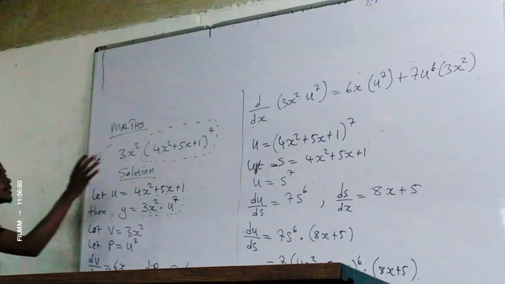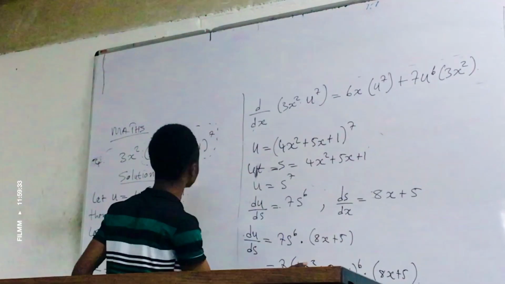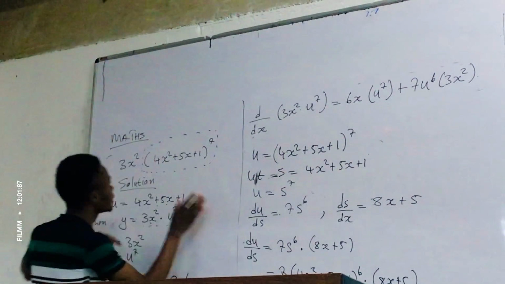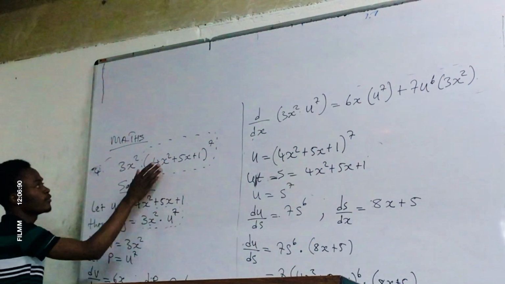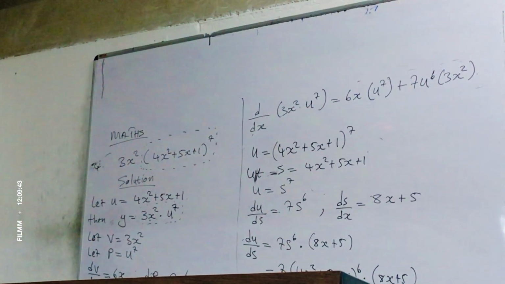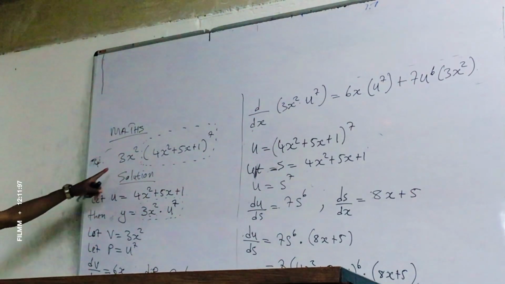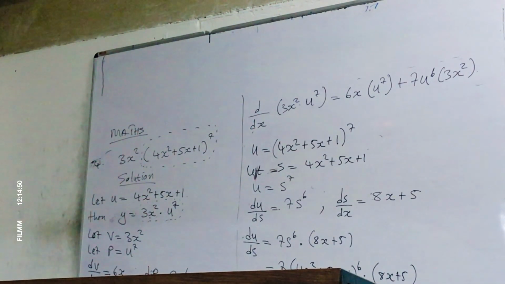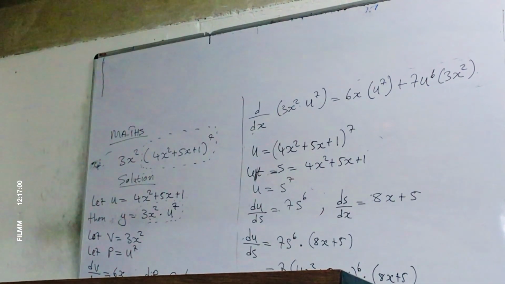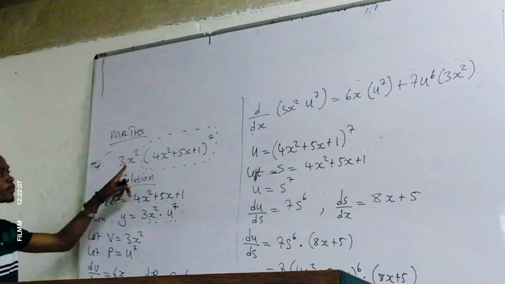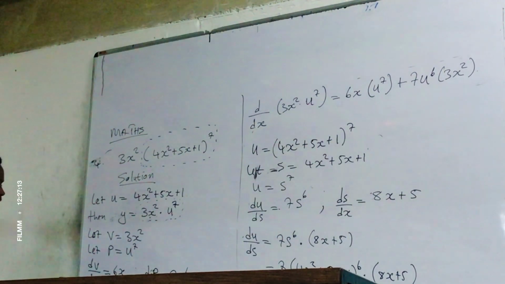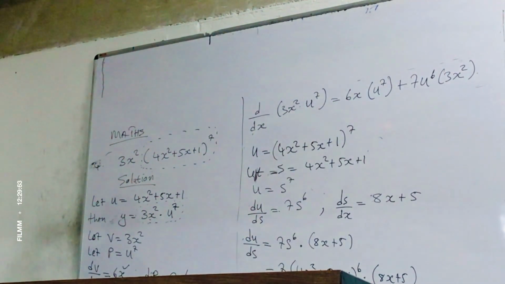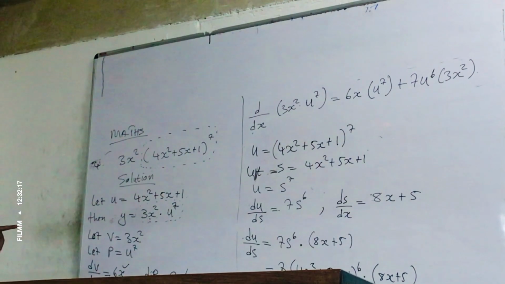So this is the derivative of that. What you need to do now is to use the product rule. For you to find the product rule, you have this, and you also have this guy here. So you apply the product rule.